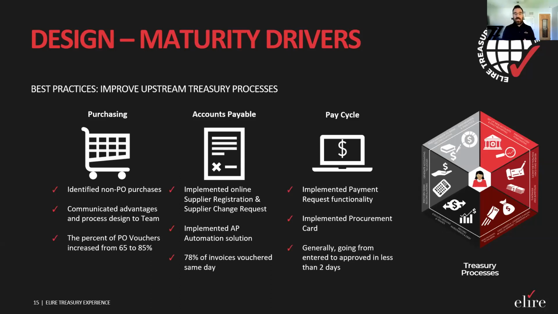And so this was a good example of how looking at the design of all the processes around Treasury or that fed into Treasury ultimately helped existing Treasury processes. And ultimately, it led to a collaborative business process for P2P and Treasury.